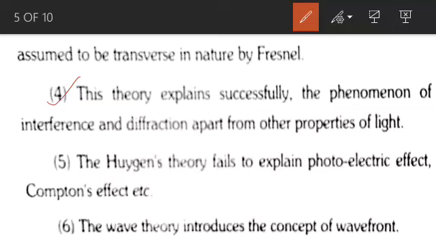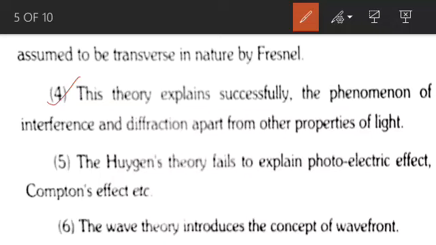That is, we see that in the corpuscular theory of light, the different properties of light, such as reflection and propagation of light in vacuum, were explained successfully with the help of corpuscular theory. Similarly, all these properties, all phenomena, and also the extra phenomena of interference and diffraction of light, are explained on the basis of Huygens wave theory.